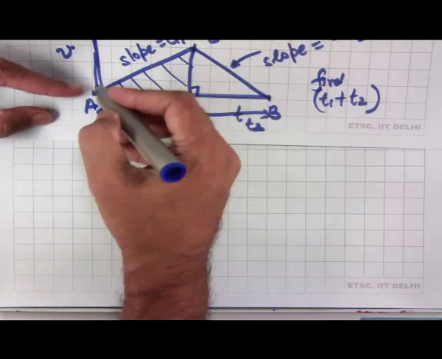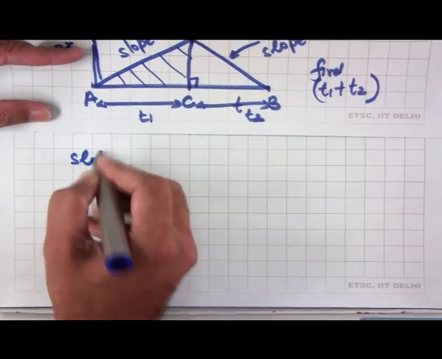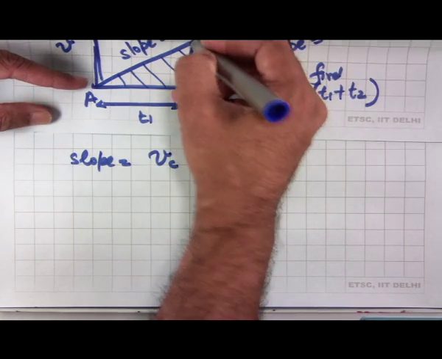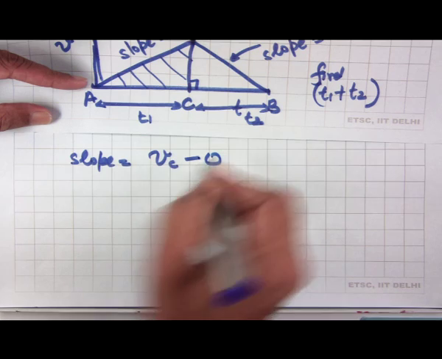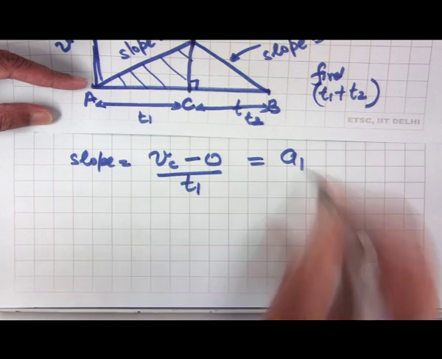The slope of the line here is A1. Now, the slope of the line will be given by the velocity at point C, Vc minus 0, divided by T1, and this is equal to A1.